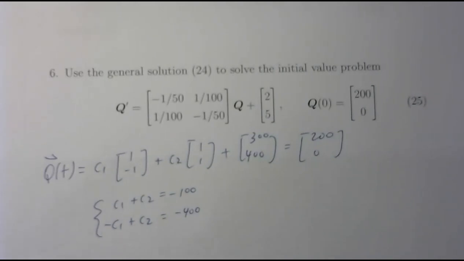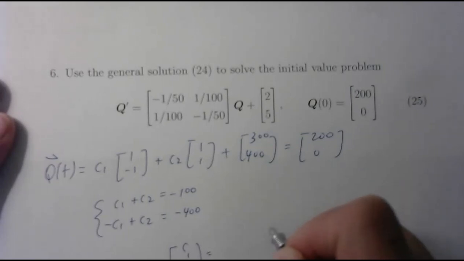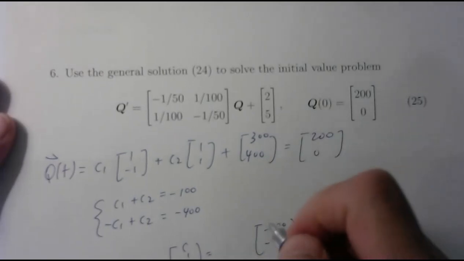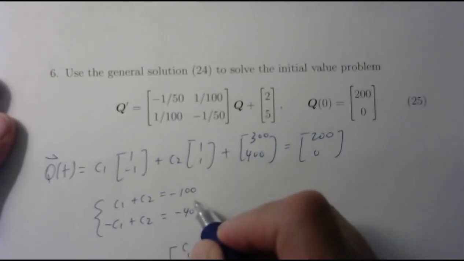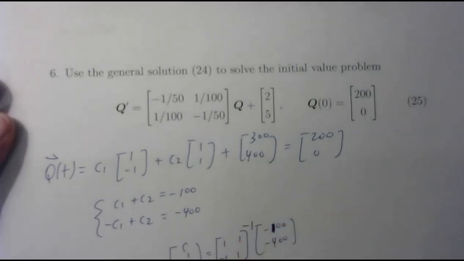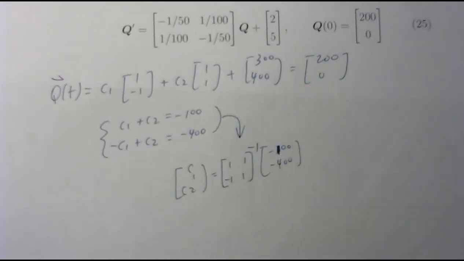We can use MATLAB to solve this too, right? This is really (C1, C2) equals the inverse of the matrix from here, (1, 1; -1, 1), times (-100, -400). Sorry, whoops, there we go. Let's use MATLAB to solve that too.